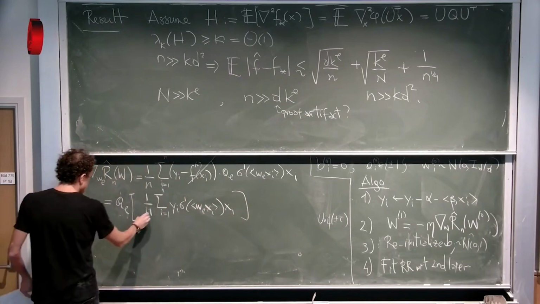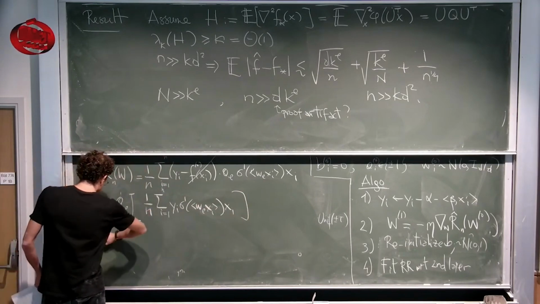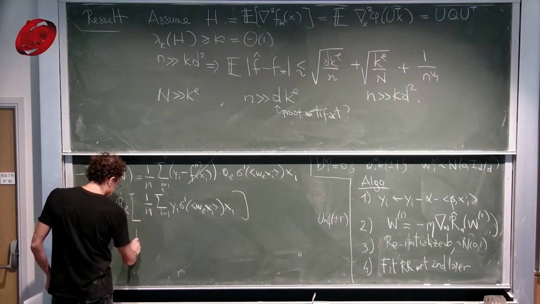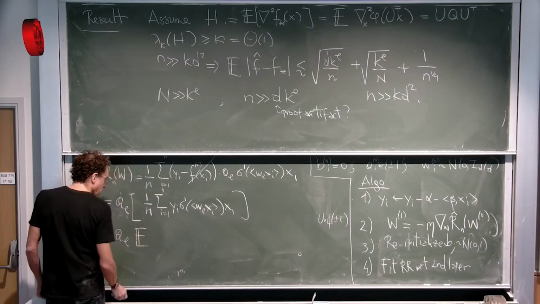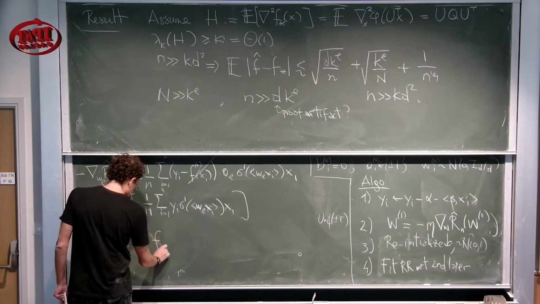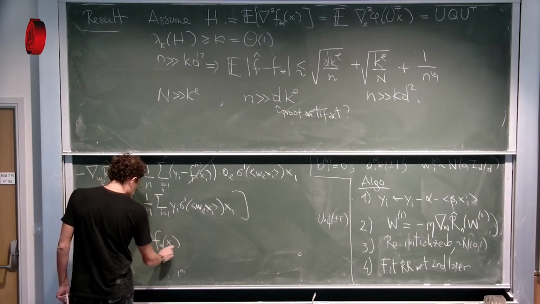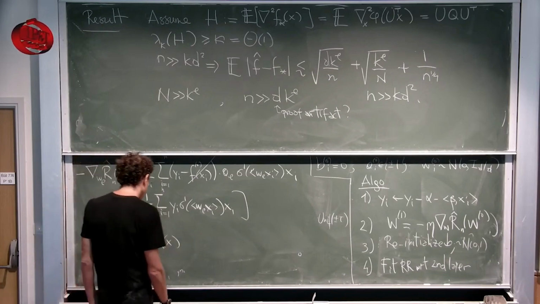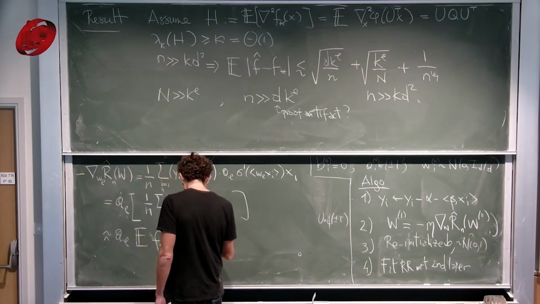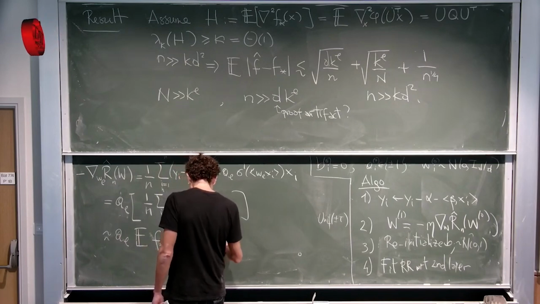You say, okay, for large n, it should be about a_L times the expectation of x star of x times sigma prime of w_L times x.